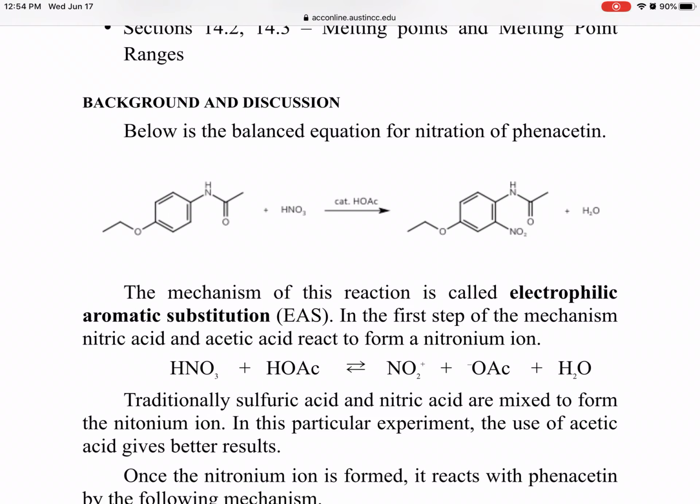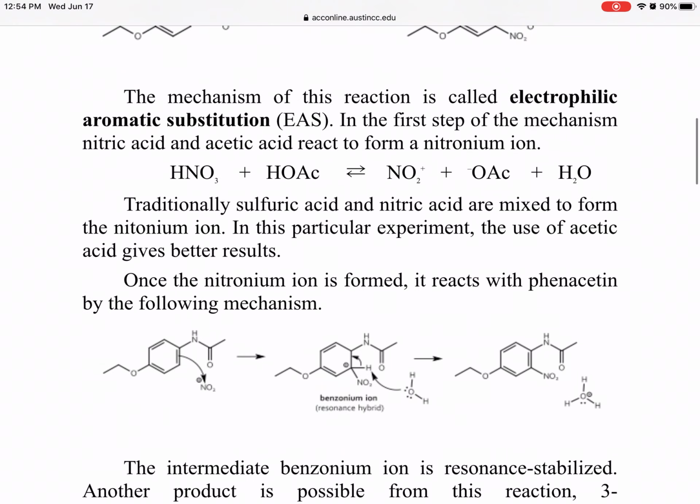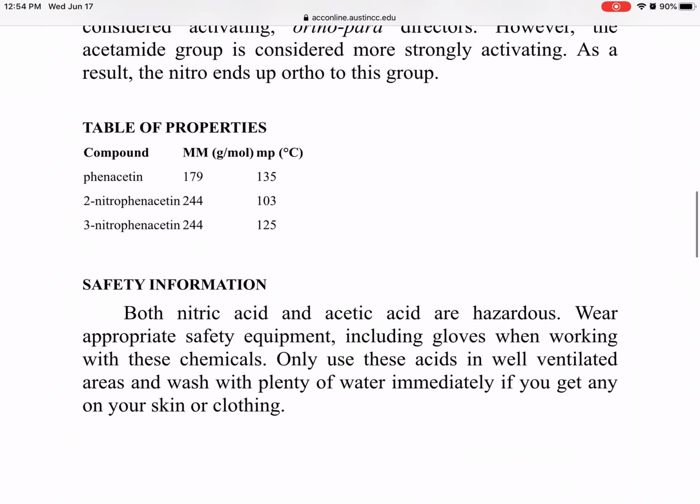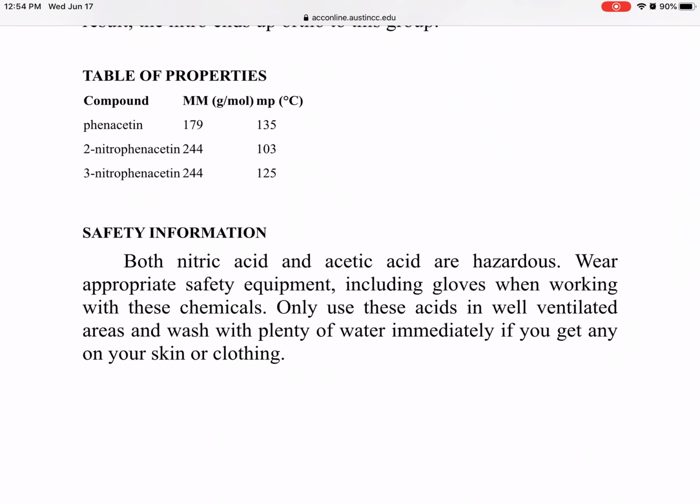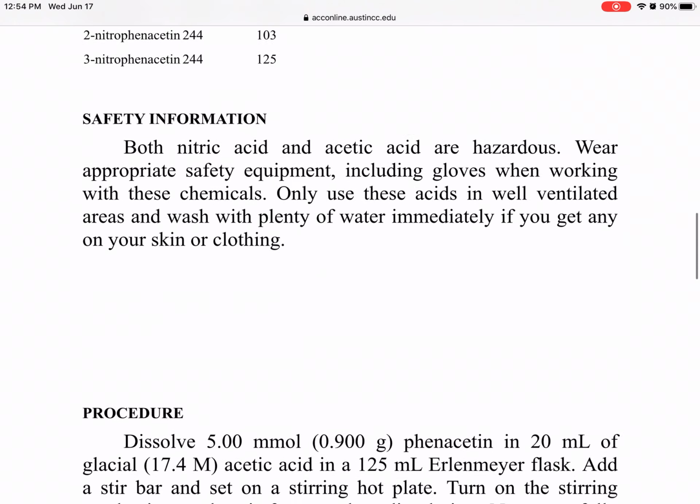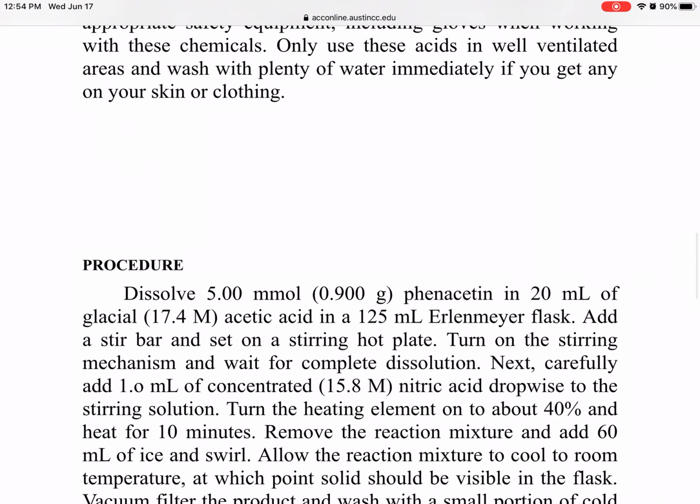But the theoretical yield you can calculate even before you start doing the reaction, because you know how many moles we are using. So what's the number of moles we used? It is 0.9, remember? And also we need to find out the molar mass of nitrophenacetin, which is 244. And then we use 0.9 gram of phenacetin, 5 millimoles.